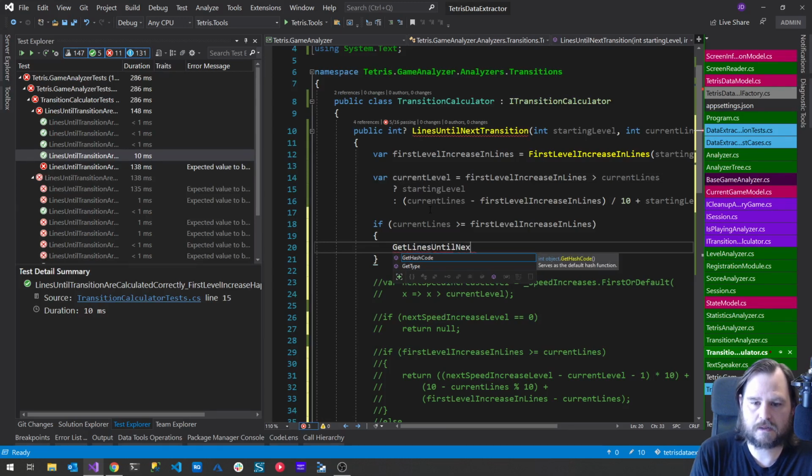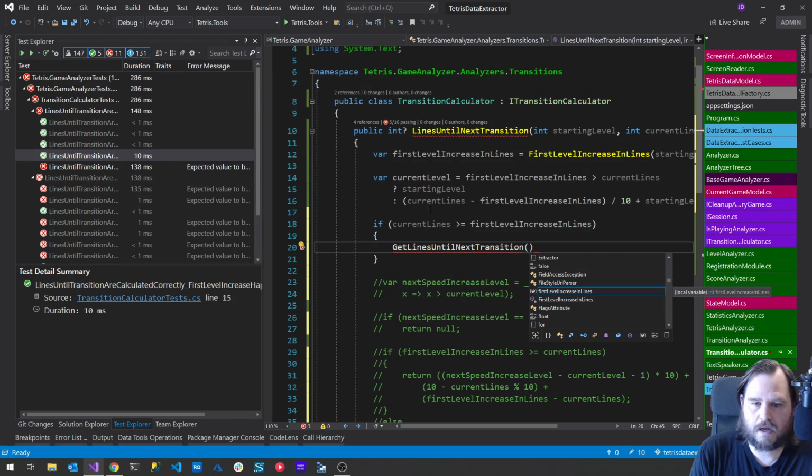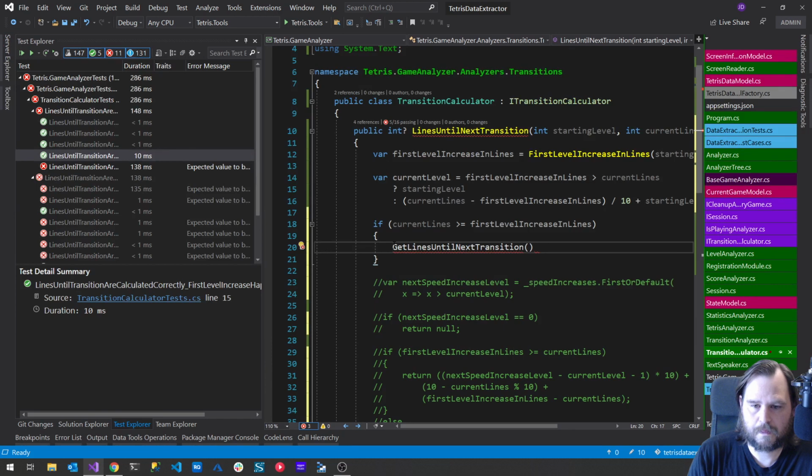Get lines until next transition. And we're going to, no. If starting level is less than or equal to 9, I want to call this normal mode, but get lines until next transition less than 9.